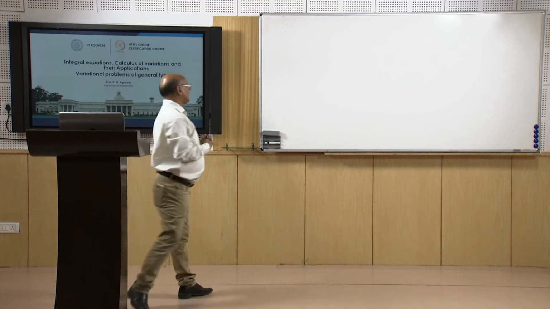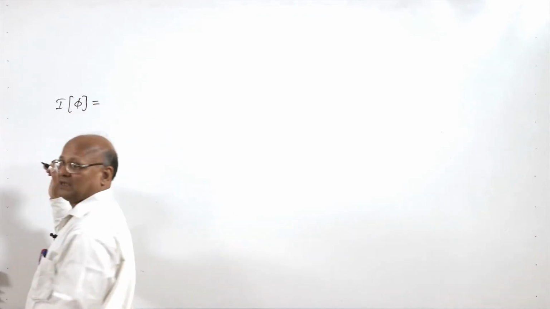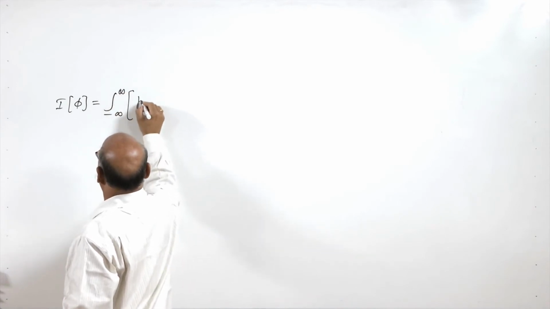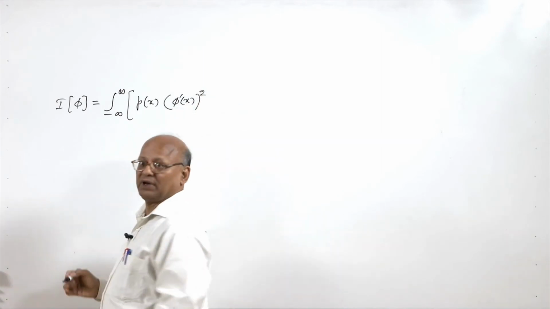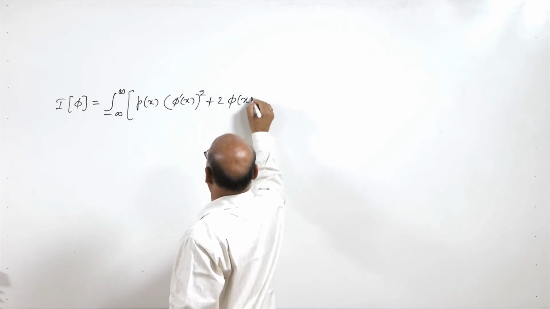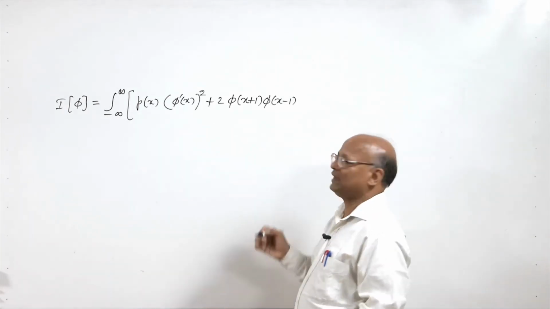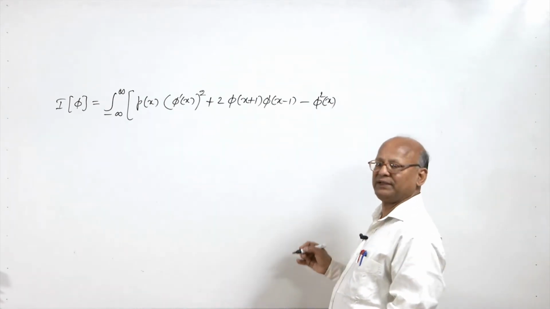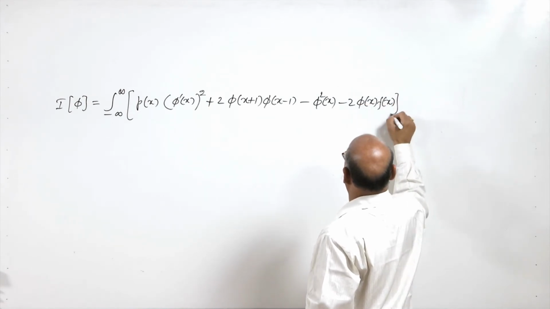So let us see, we are given that I(phi) equal to integral over minus infinity to infinity p(x) into phi dash x whole square plus 2 times phi(x) plus 1 into phi(x) minus 1, and then we have minus phi square x minus 2 times phi(x) into f(x) dx.